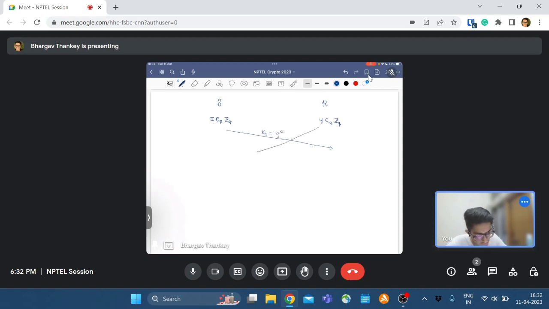And KR is equal to G to the X. Yeah, and the key is KS times KR.